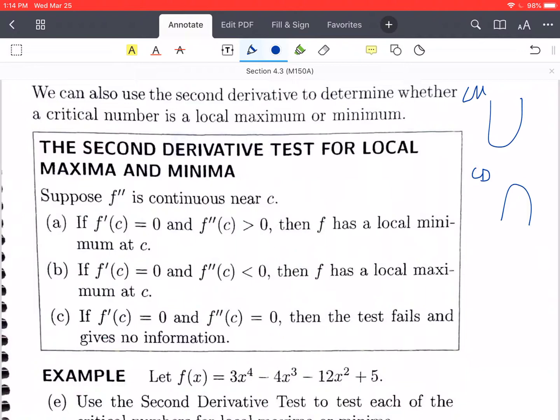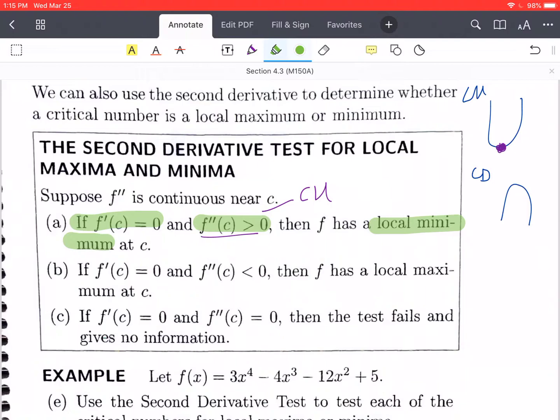If we know that we have a critical point at C, and f double prime of C is positive, then the graph is concave up, and if it's concave up, then our critical point has to be this point down here. And so that would be a local minimum.